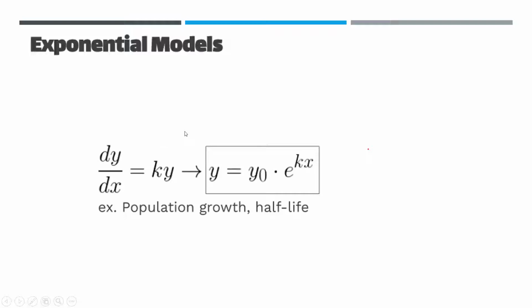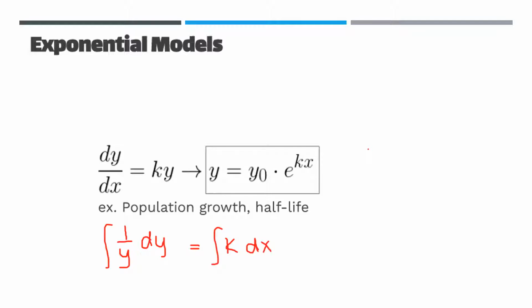Exponentials are very similar. You're going to have your dy dx. It's going to have a constant, and then it's going to have your y function. So we're going to rearrange that so that y can be on the left, k can be on the right. And then this is the case where as you work through it, you end up getting a natural log with your y's, because you have 1 over y dy equals k dx.